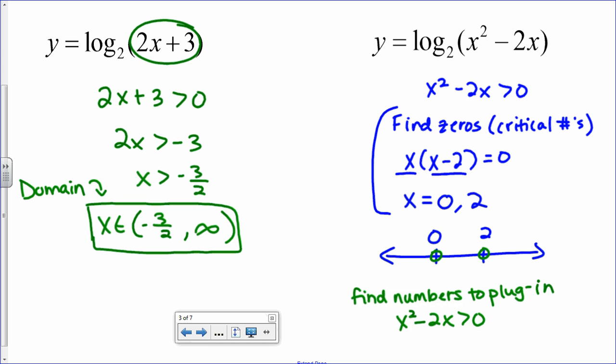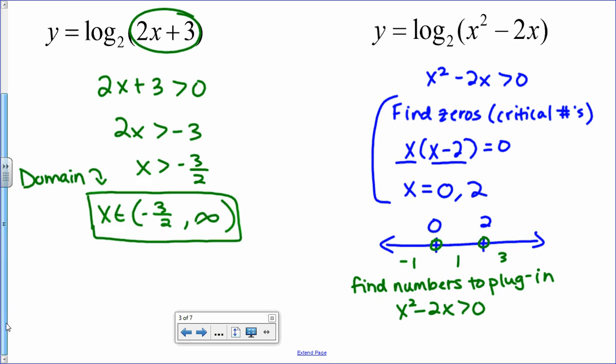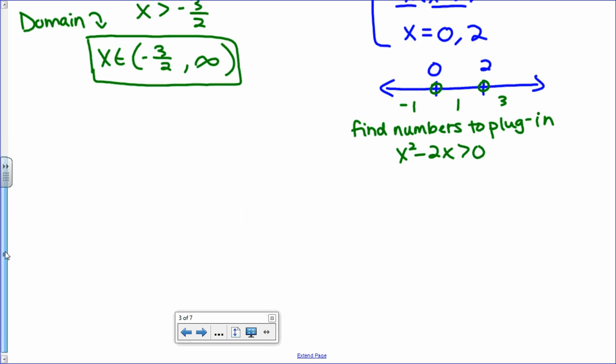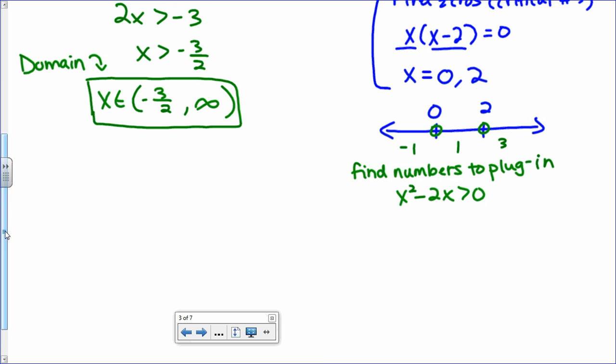So I need something less than 0, so -1. Something between 0 and 2, +1. And then something greater than 2, which is 3. So plug all 3 of those into this inequality and see if it's true or false.